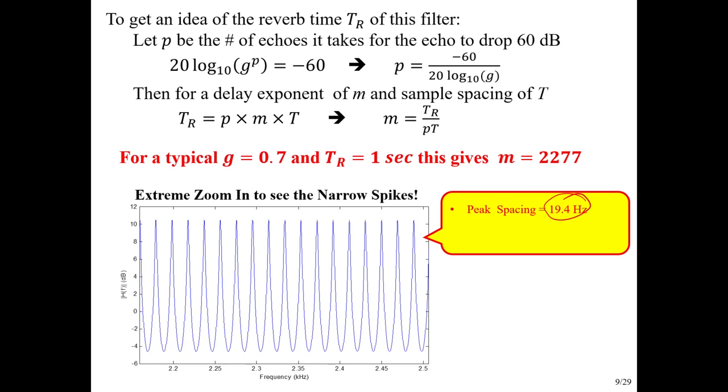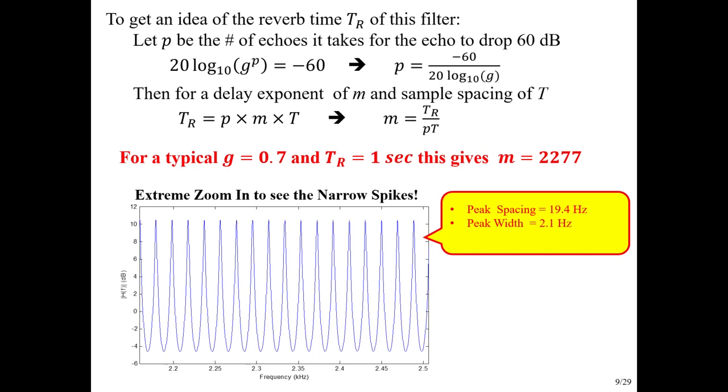It's not at all the kind of spacing we saw a couple note sets ago where we were talking about less than a hertz spacing. The peak width was 2.1, very small compared to the peak spacing, and we can see that. These are very narrow peaks compared to the spacing.